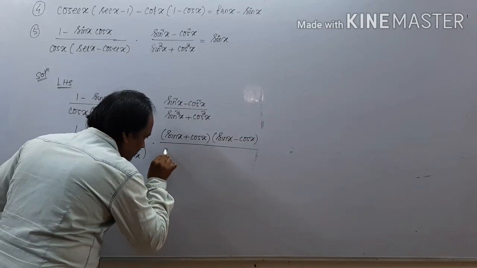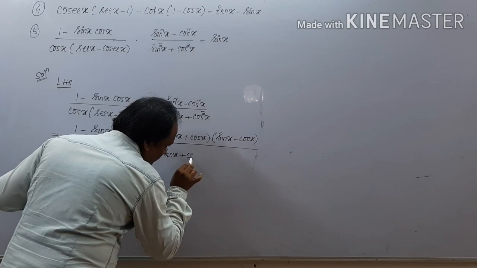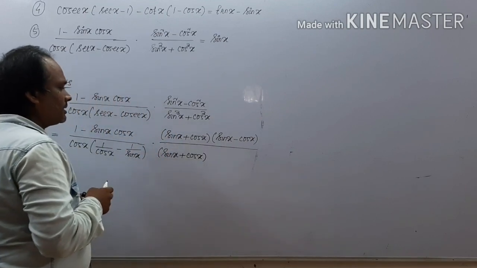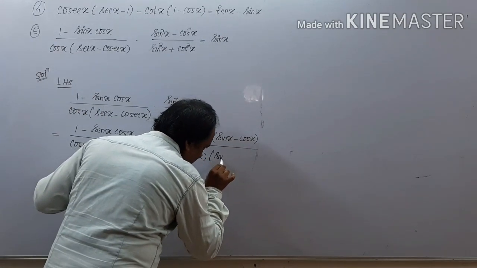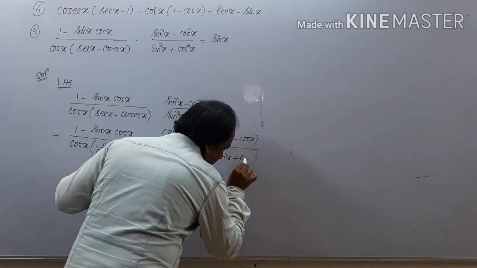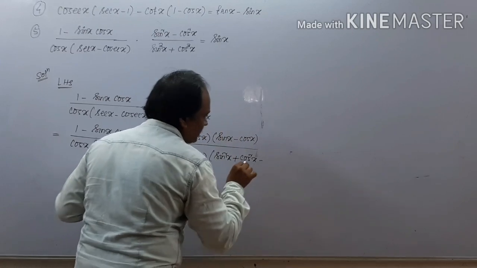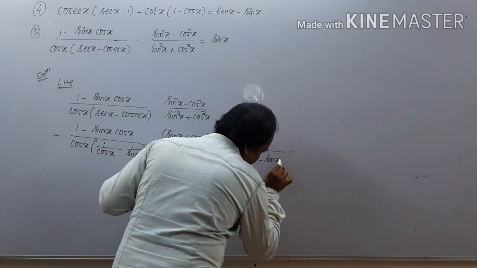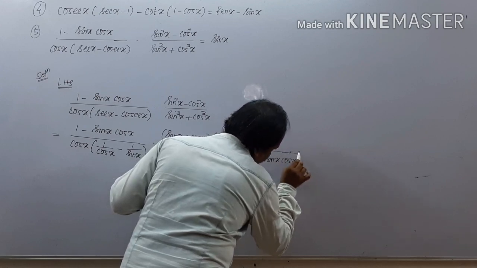See here, this is equal to sin x plus cos x. A cube plus b cube is equal to a plus b multiplied to a square, that is here sin square x, right, plus b square, that is cos square x, minus ab. So clearly it is sin x into cos x.